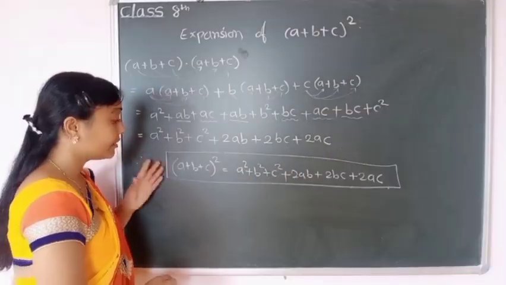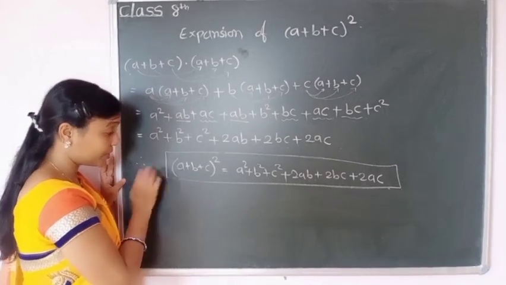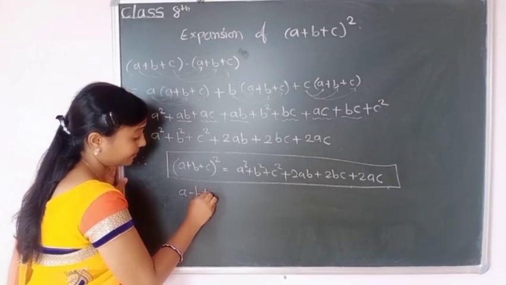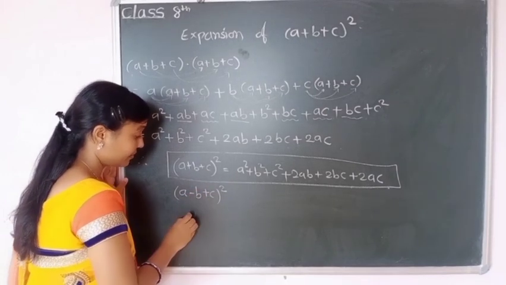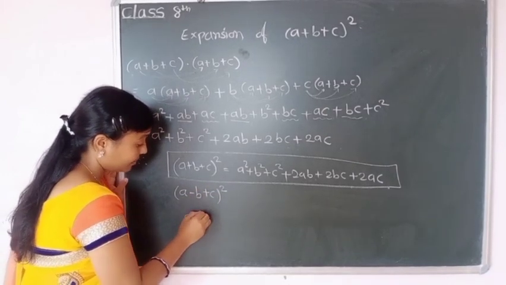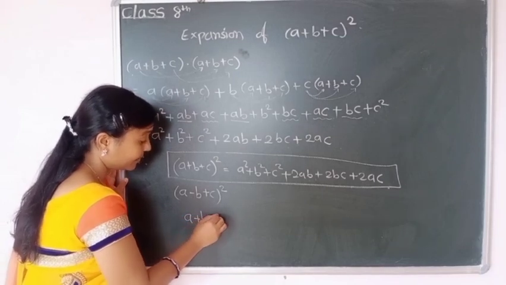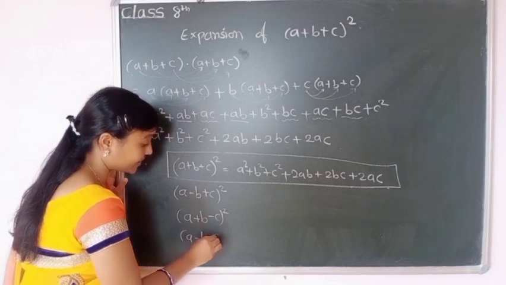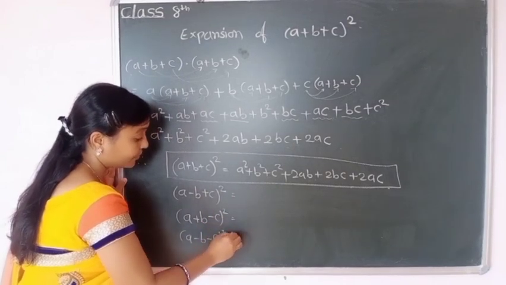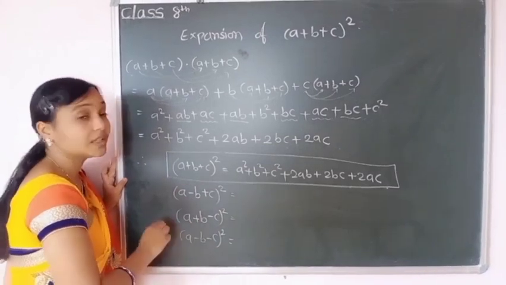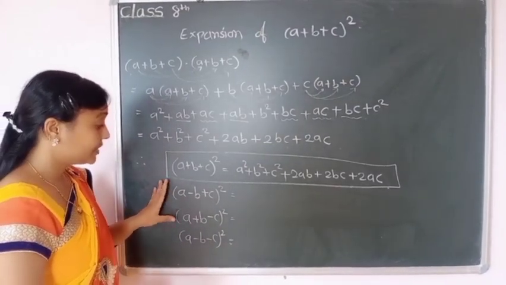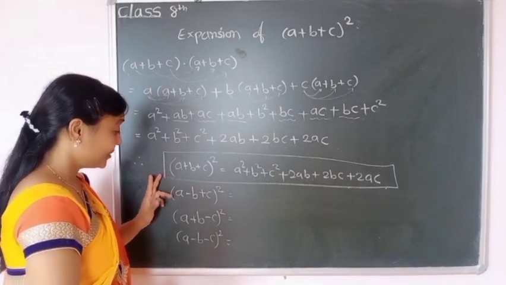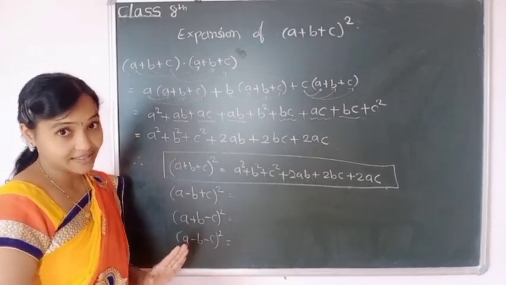From this formula we make other formulas: (a - b + c) whole square, otherwise (a + b - c) whole square, and (a - b - c) whole square. From this one formula we make another three formulas. These are not particular formulas, but we use these formulas in our exercises.